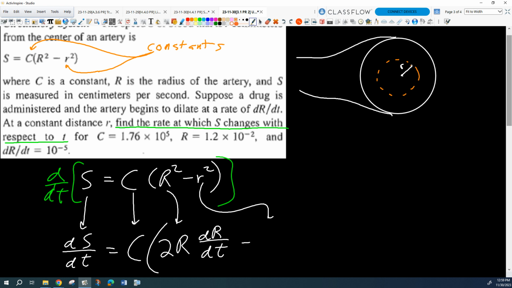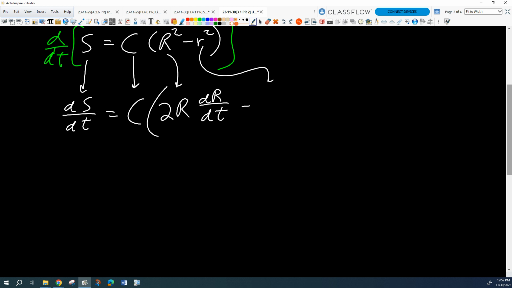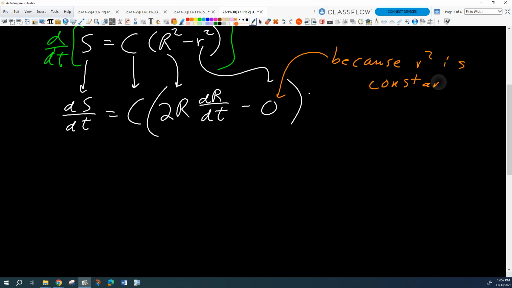What's the derivative of a constant? 0, right? Because we're differentiating a constant. So that just goes away, right?